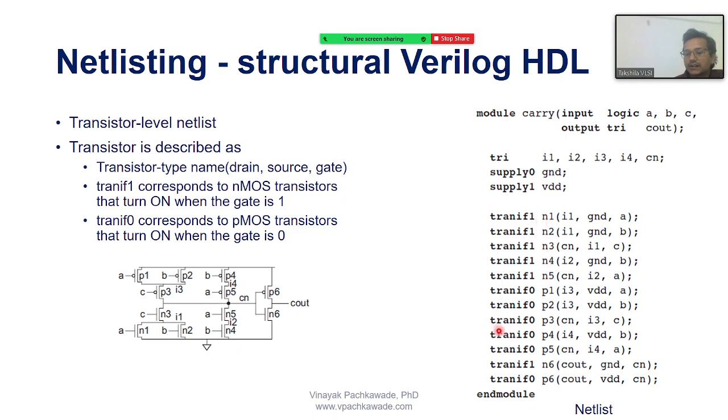The PMOS transistor type is tranif0, and I am naming them P1, P2, P3 up to P6. Again in the parenthesis, I am telling how the drain, source and gate of each of them are connected. Then I simply end the module. So it's basically code very similar to the way you write C and C++ code. This is generating a structure using a Verilog transistor level netlist.